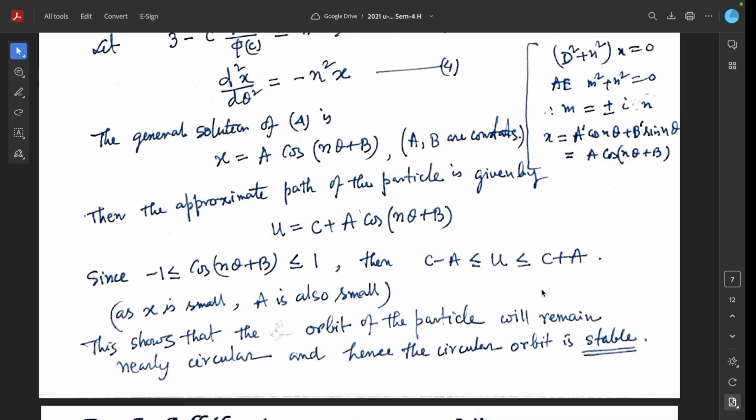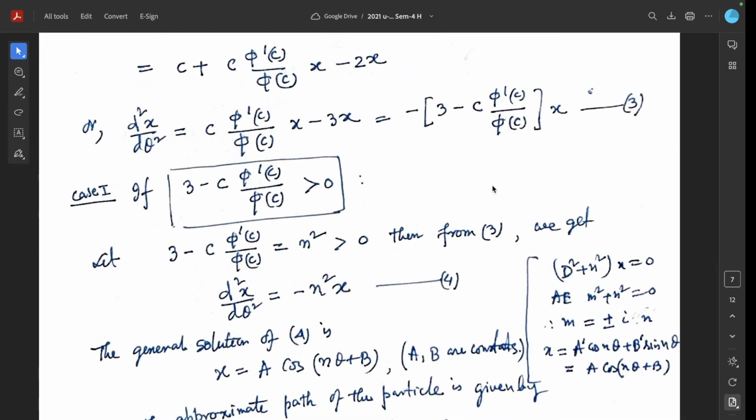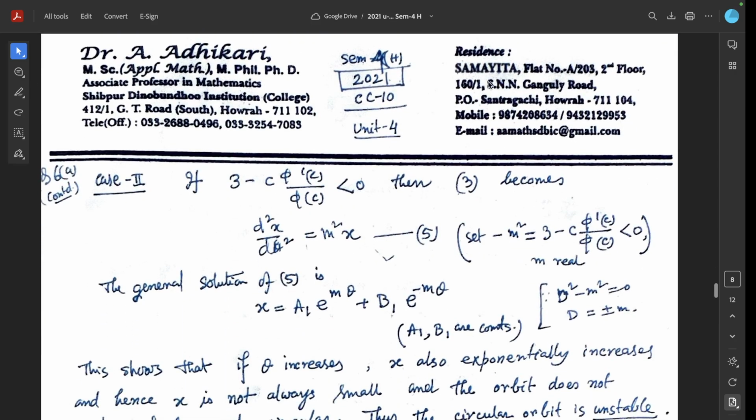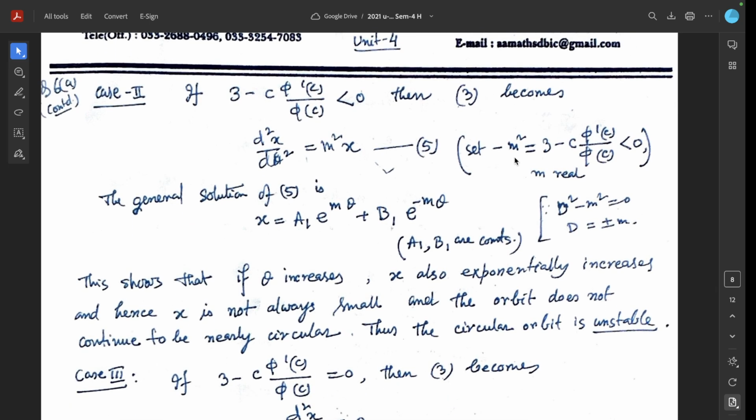so hence the circular orbit is stable after disturbance x. If this quantity is negative in equation 3, then equation 3 becomes d2x by d theta square equal to m square x. I put here minus n square equal to this negative quantity, m square being a real quantity.